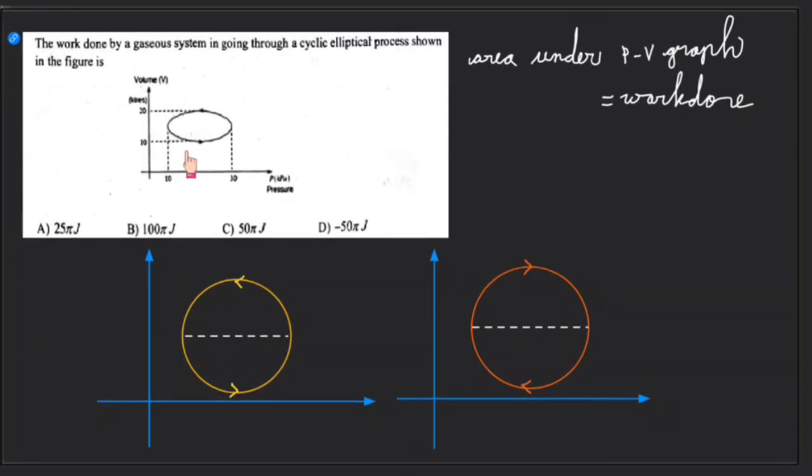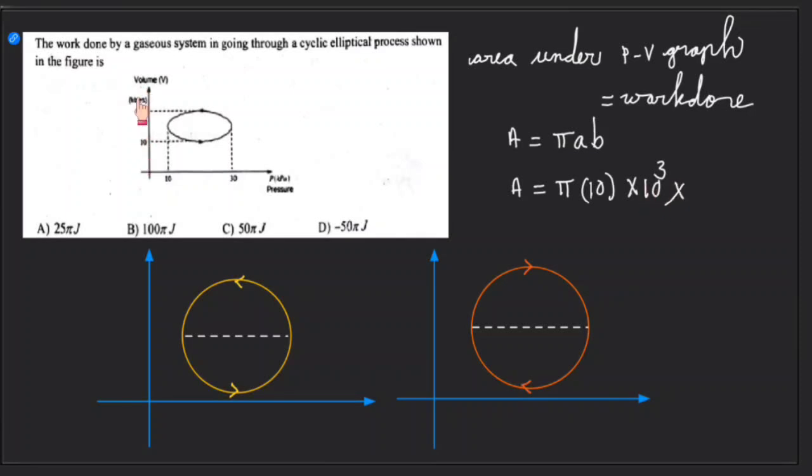So here what is the area? Since it is an elliptical process, the area is equal to pi into AB, where A is the semi major axis and B is the semi minor axis. The major axis is 20, so the semi major will be 10, into kilopascal, 10 power 3, right?